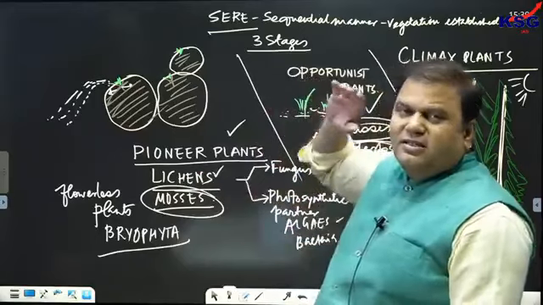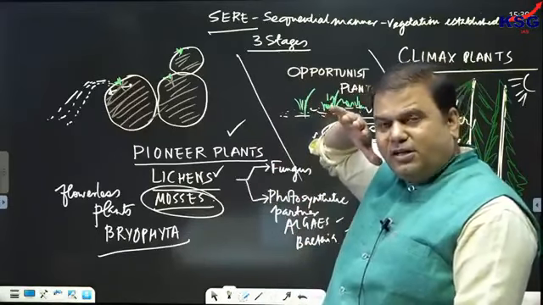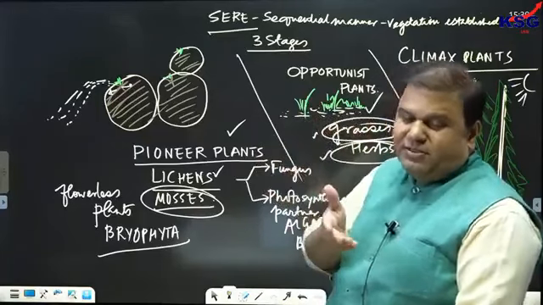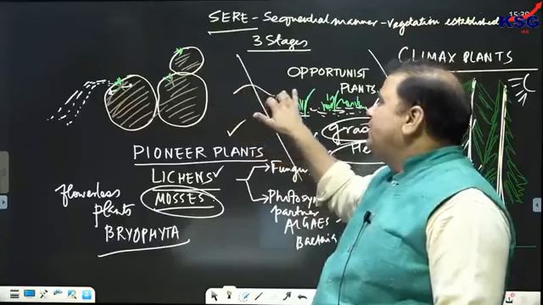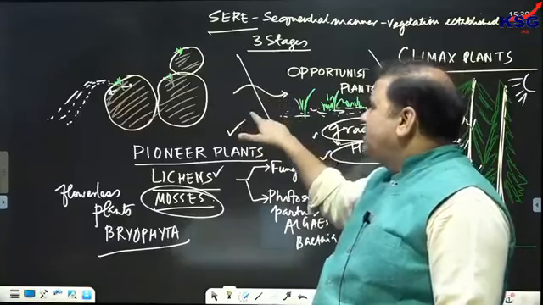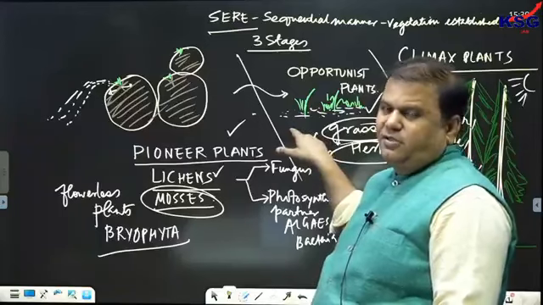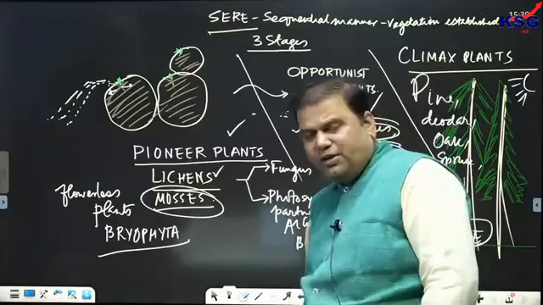So in the greater Himalayas, where there is no snow, lichens and mosses are present, which is indicative of global warming and climate change. When you come to the middle Himalayas, you can see either lichens and mosses, or grasses and herbs.